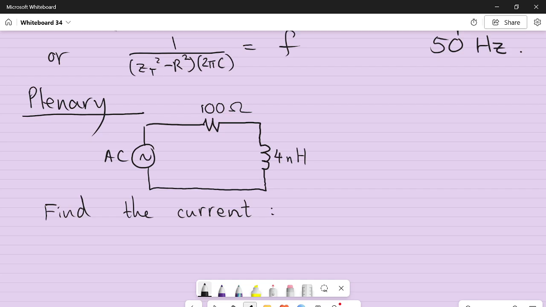It's linked to reactance and resistance. So, what equation? I want to find the current. Obviously, you know Ohm's law. I is equal to V over R, right? But we're not dealing with DC here. This is DC. Is there a formula for the current?